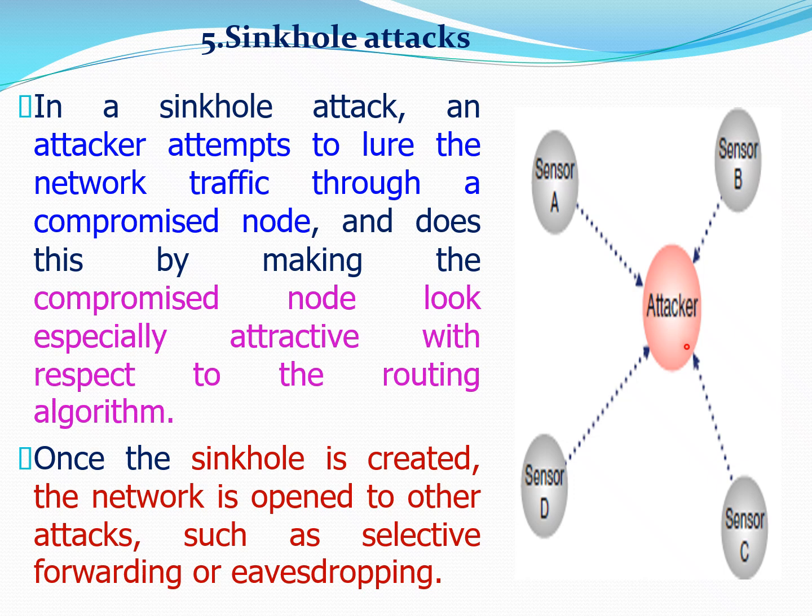The routing algorithm selects the attacker as the next hop in the routing. So this is called a sinkhole attack, which results in selective forwarding or eavesdropping, resulting in data loss.